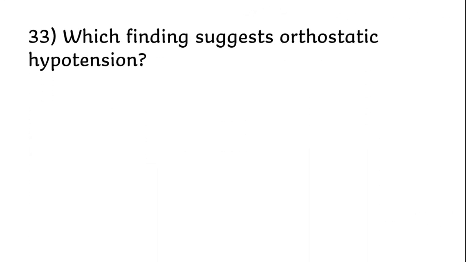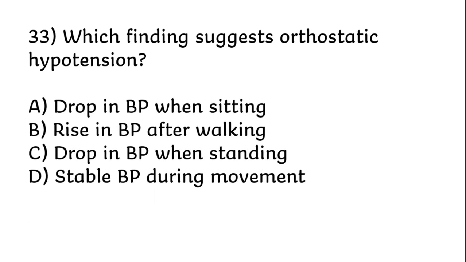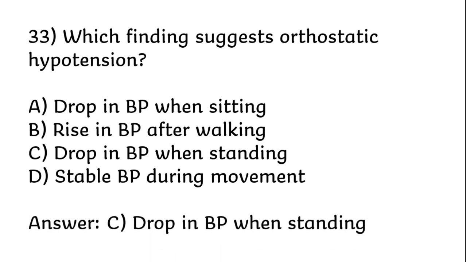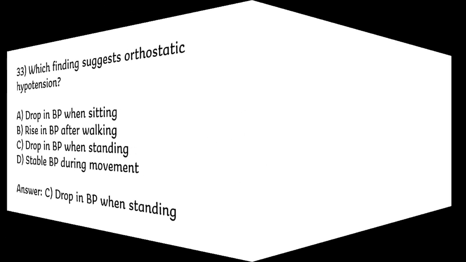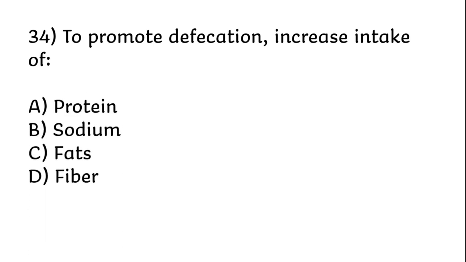Which findings suggest orthostatic hypotension? Drop in BP when sitting, rise in BP after walking, drop in BP when standing, stable BP during movement. Correct answer is option C, drop in BP when standing. To promote defecation, increase intake of fruit, sodium, fats, fiber. Correct answer is option D, fiber.